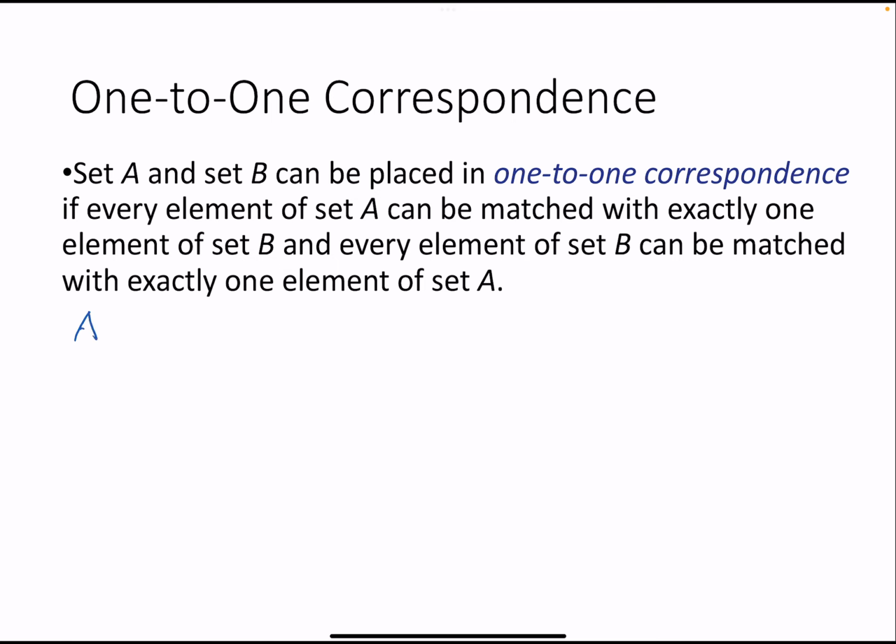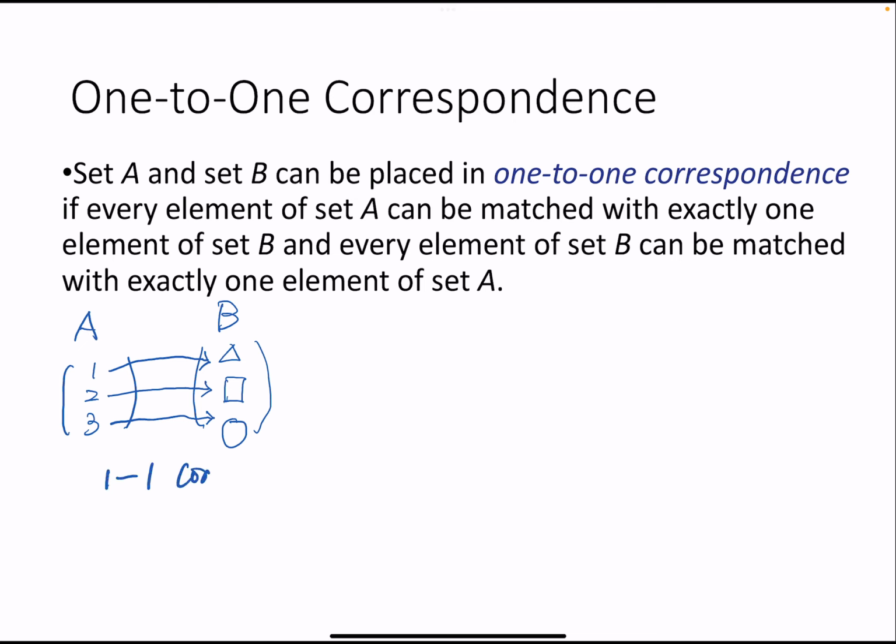Let's say set A is {1, 2, 3}, which contains three elements, and set B contains three ships. Then we can find a one-to-one correspondence relation between elements of those two sets. So this is an example of one-to-one correspondence.